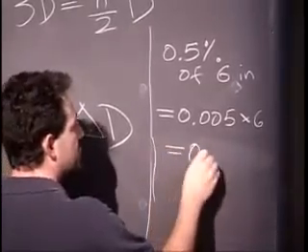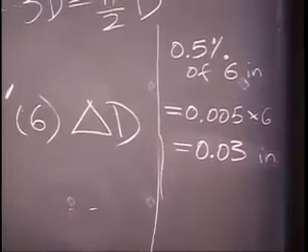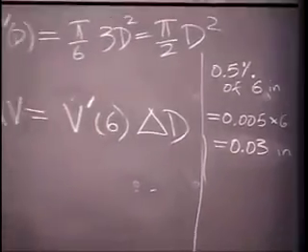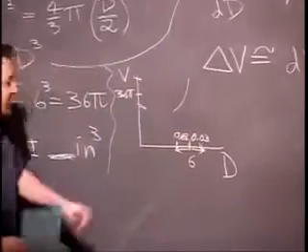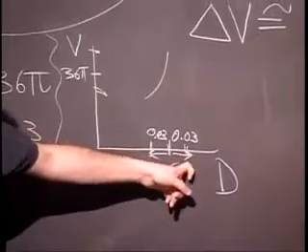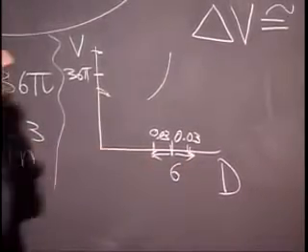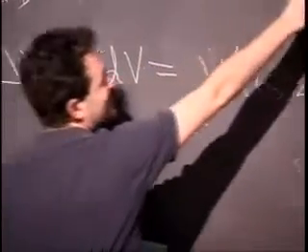I was out by a 0. Right, so I've measured it to 6 plus or minus 0.03 on either side. So the true value is somewhere between 5.97 and 6.03.